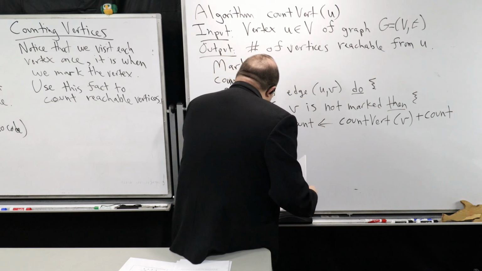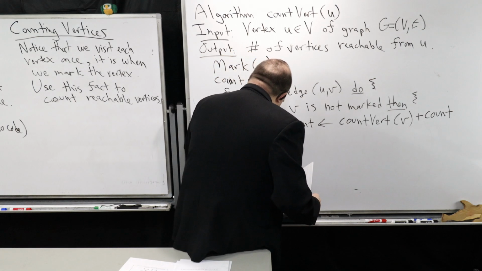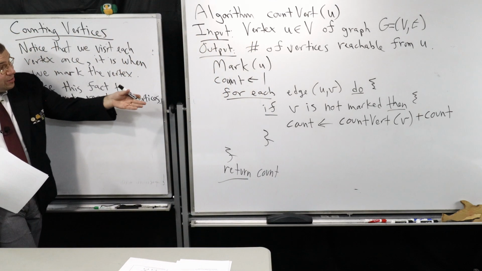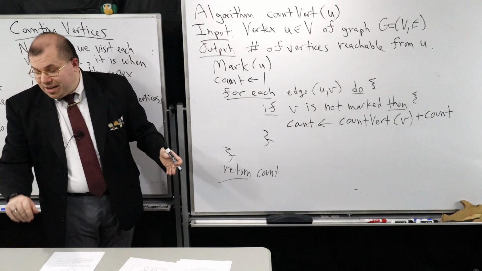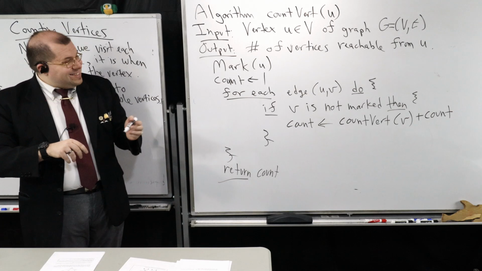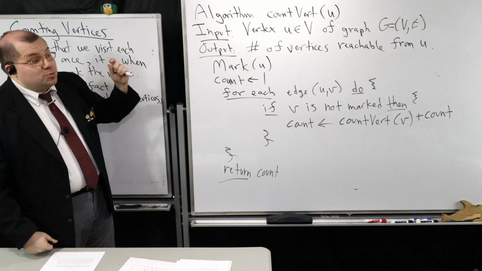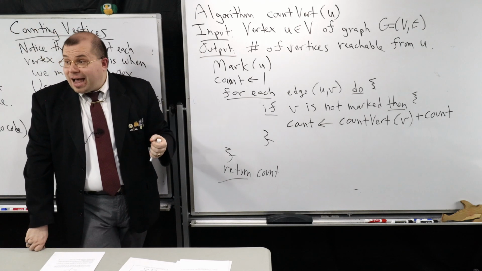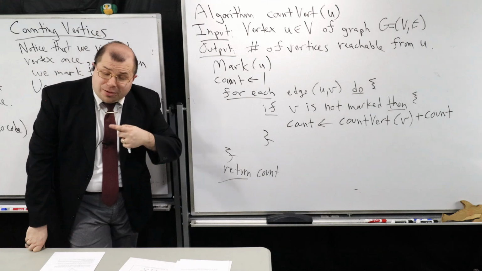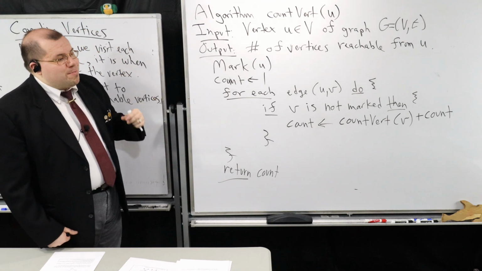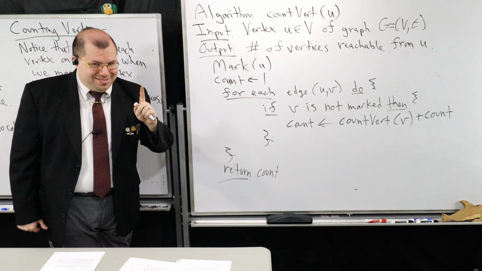Believe it or not, look how stripped back this is compared to the DFS I showed you. Isn't this nice? Notice that we're using properties that DFS has in each of these cases. Like when I count the cycles, I look for a back edge. In this case, I use the fact that I mark every vertex exactly once.